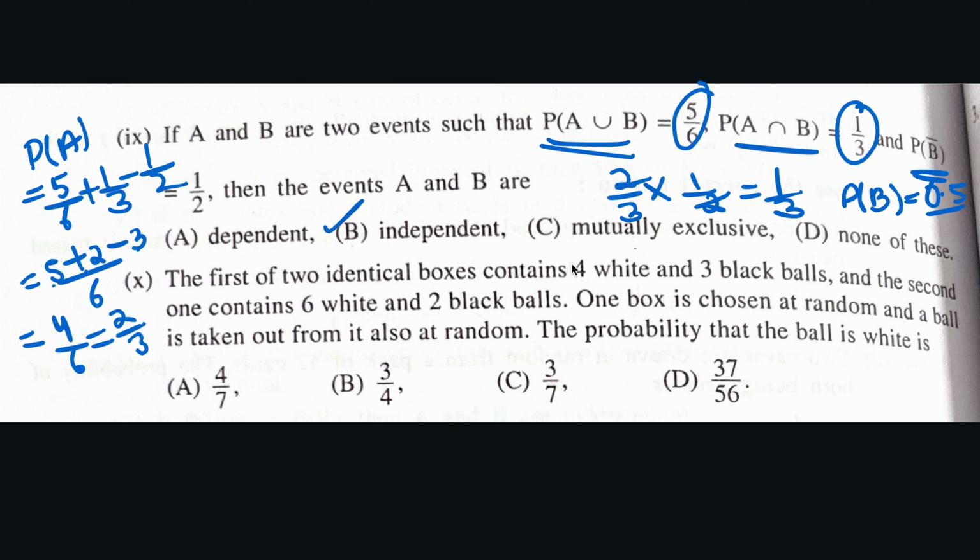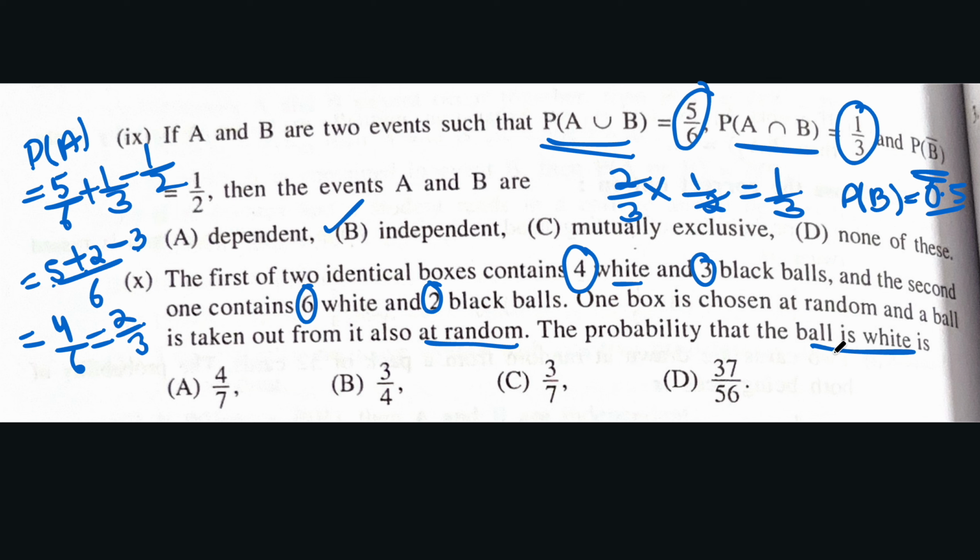There are two identical boxes. The first contains 4 white and 3 black balls, and the second one contains 6 white and 2 black balls. One box is chosen at random, and a ball is also taken out from it at random.